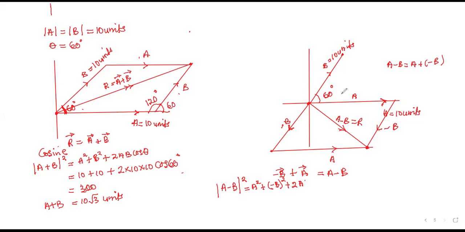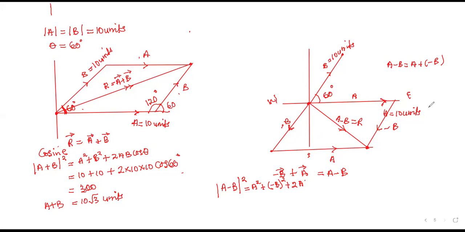We are realigning the direction of A and negative B because this is west, this is south, this is east. The direction of this is due southwest. The direction of A is due east. We don't know where they are going, so you want to give meaning to their directions.